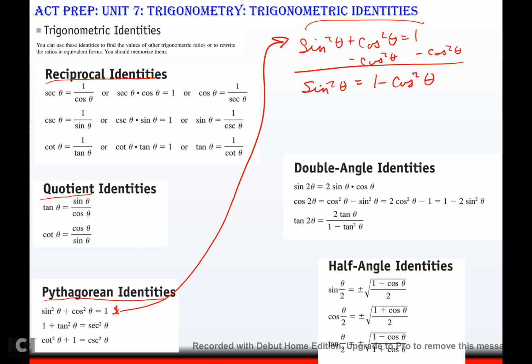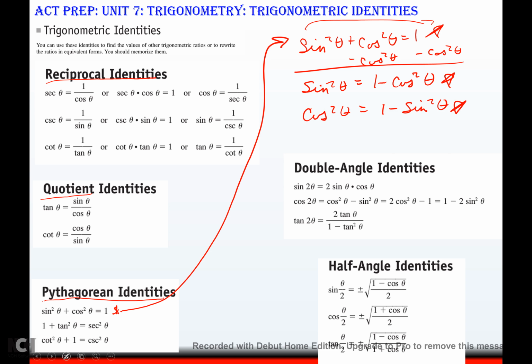Likewise, you could have subtracted the sine squared and you could have said that cosine squared theta is equal to 1 minus sine squared theta. So these three are very important. Whenever you see those, you should think of the Pythagorean identity.